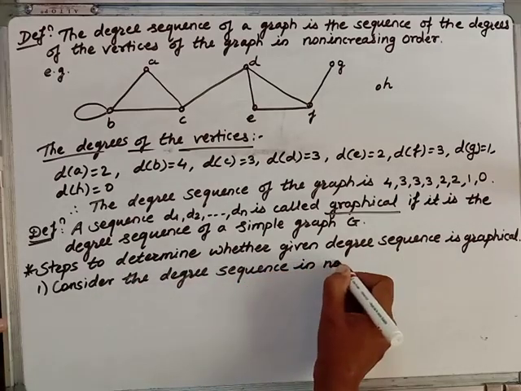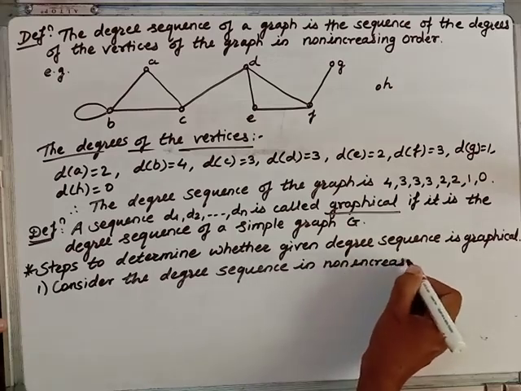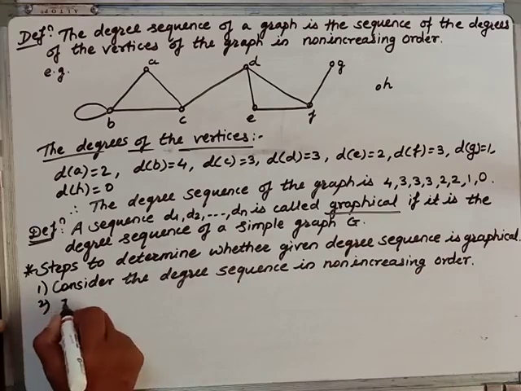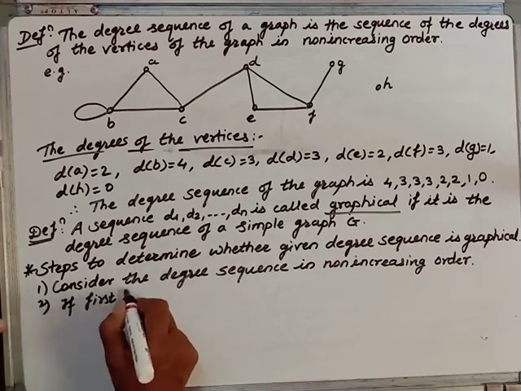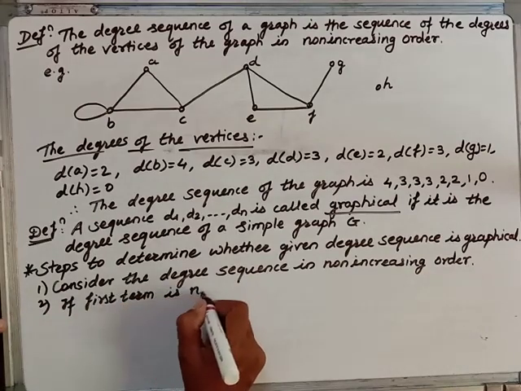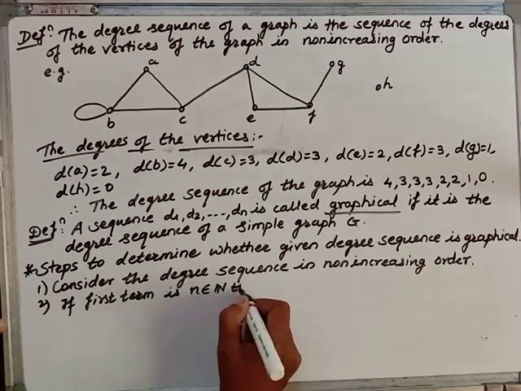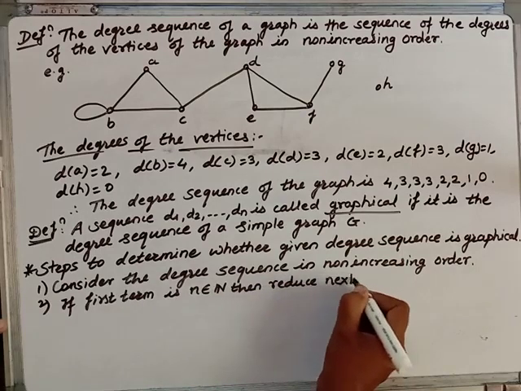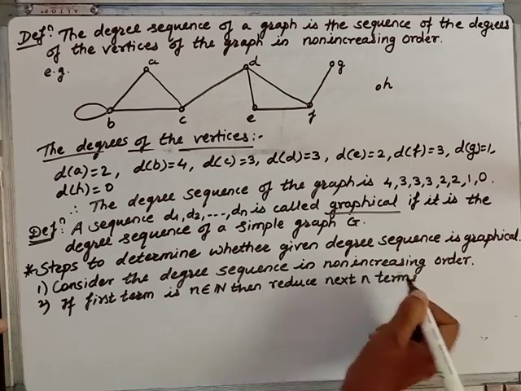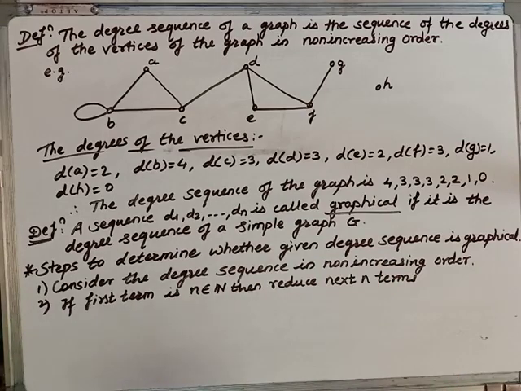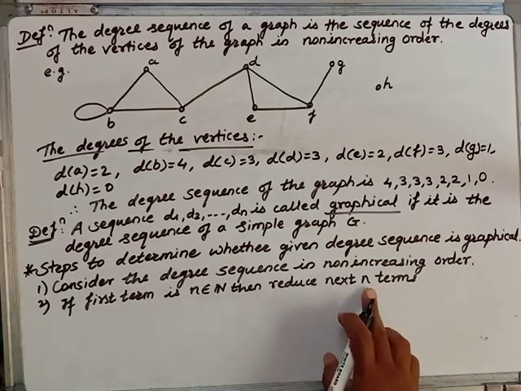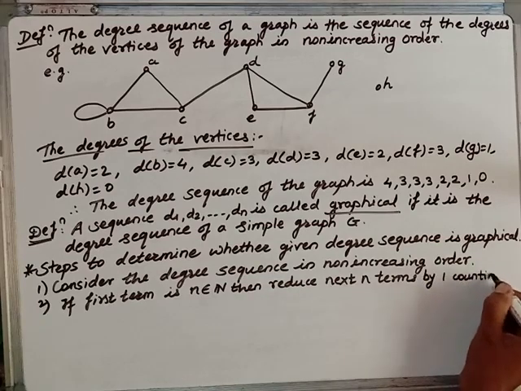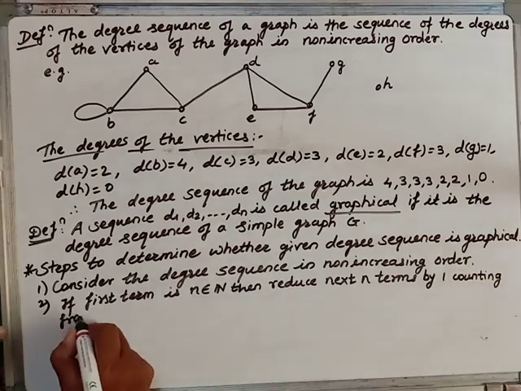Second, if the first term is n, which will be a natural number, then reduce the next n terms by 1, counting from the second term.